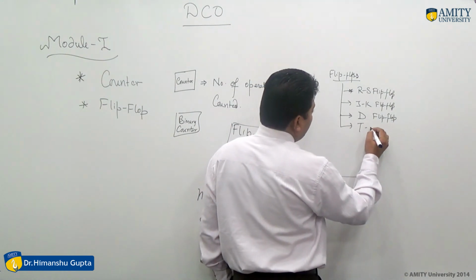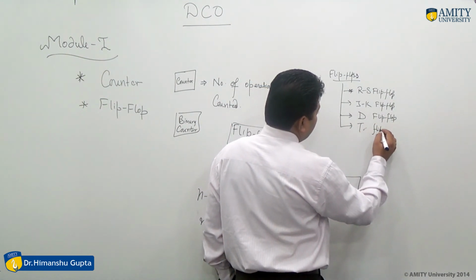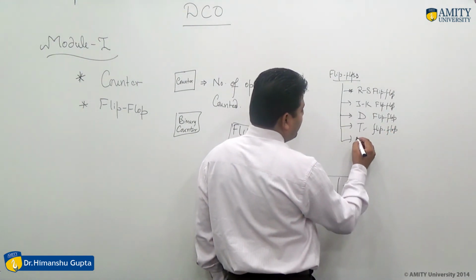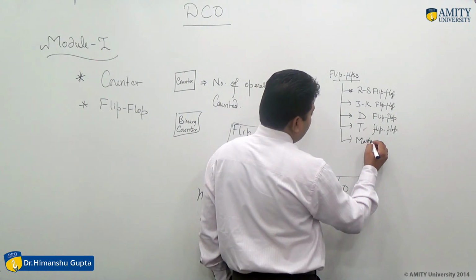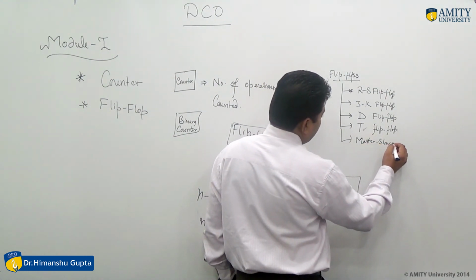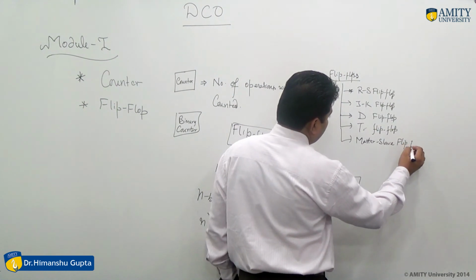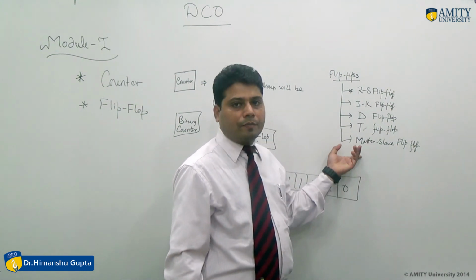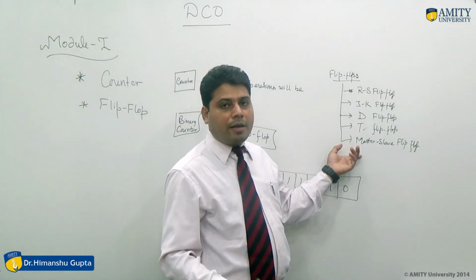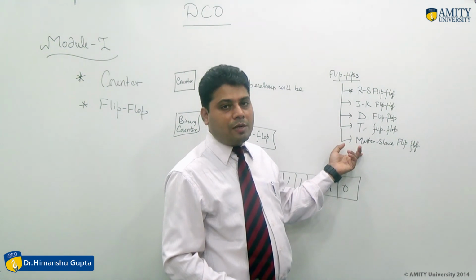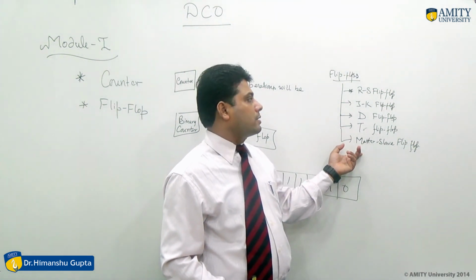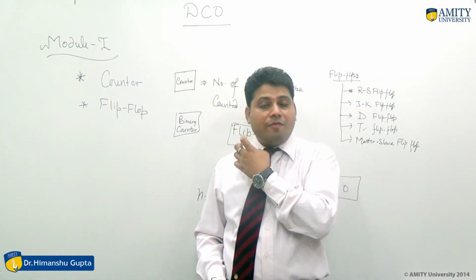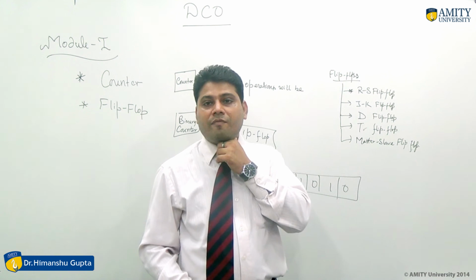Fourth is the T flip-flop. And another one is the master slave flip-flop. Each flip-flop works in a different manner, and each flip-flop is responsible for performing a specific task. So here we can see the RS flip-flop, JK flip-flop, D flip-flop, T flip-flop, and master slave flip-flop.